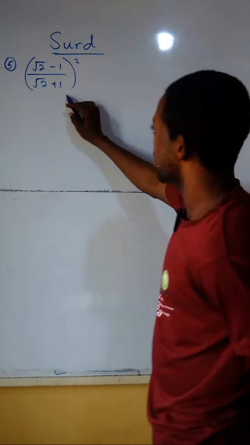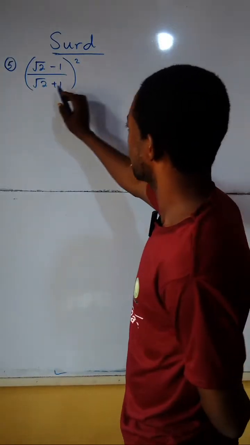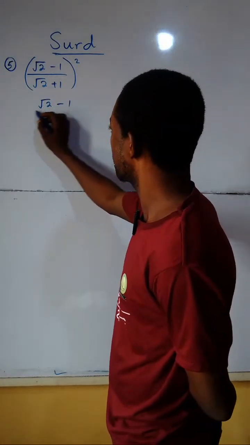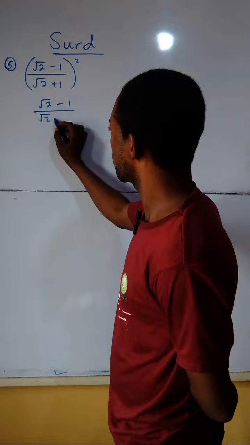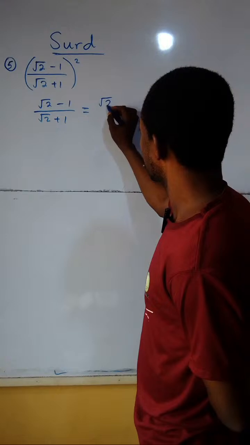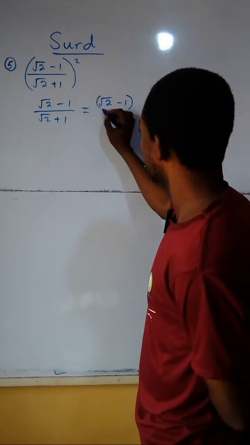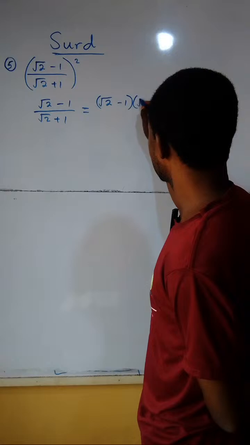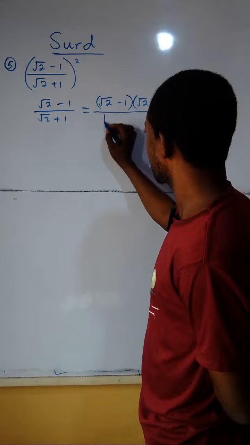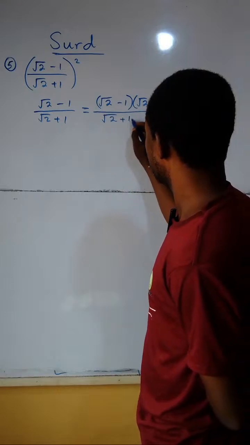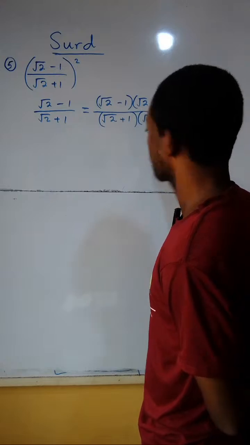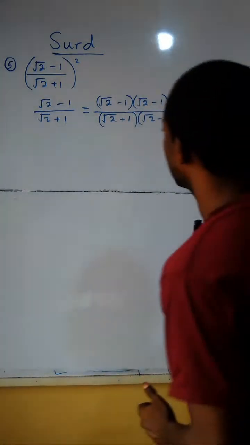Now, in the same way, when we handle what we have in the bracket, which is root 2 minus 1 over root 2 plus 1, we rationalize this. This becomes root 2 minus 1 times the conjugate of the denominator, which is root 2 minus 1, divided by, also multiplying this, root 2 plus 1 times root 2 minus 1.